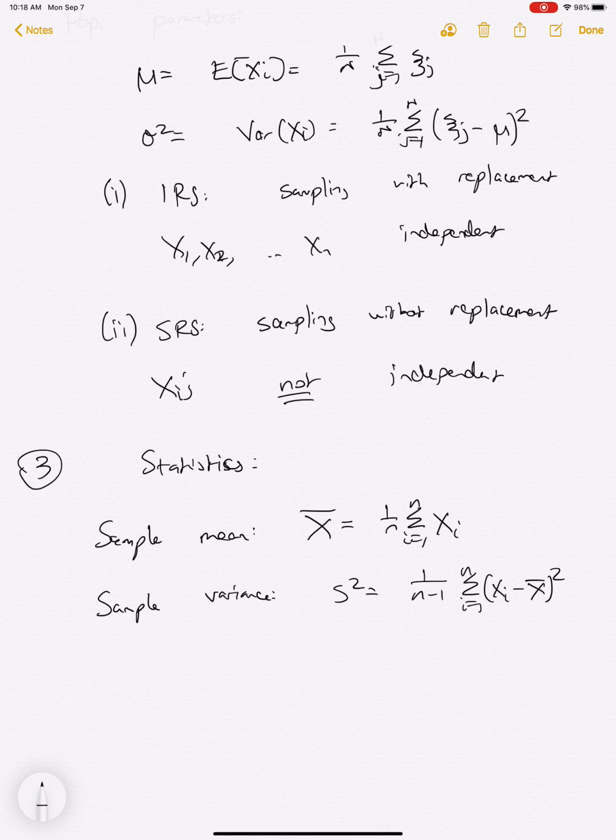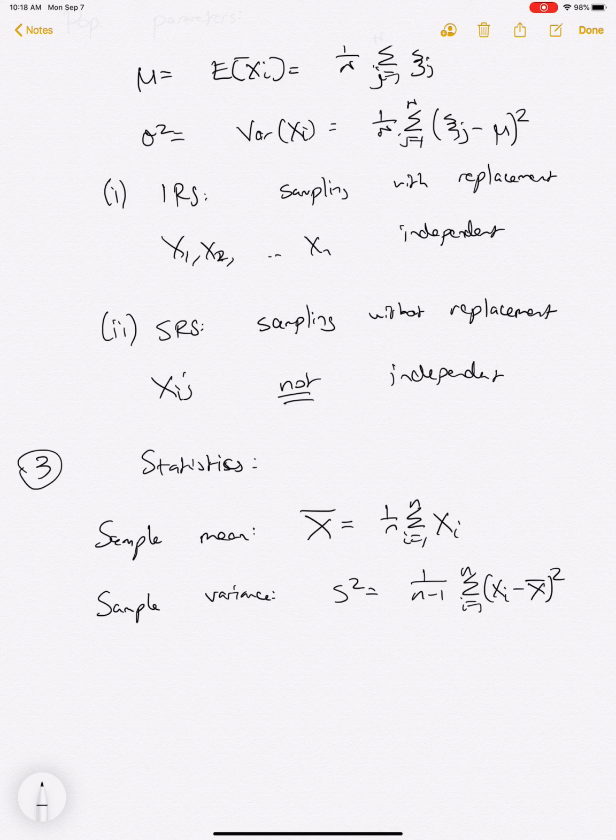To be clear, I've used this 1 over n minus 1 because that's the consistent definition we've used, and I discussed in the previous lecture why we used it: we want to make sure that the expectation of s squared equals sigma squared.